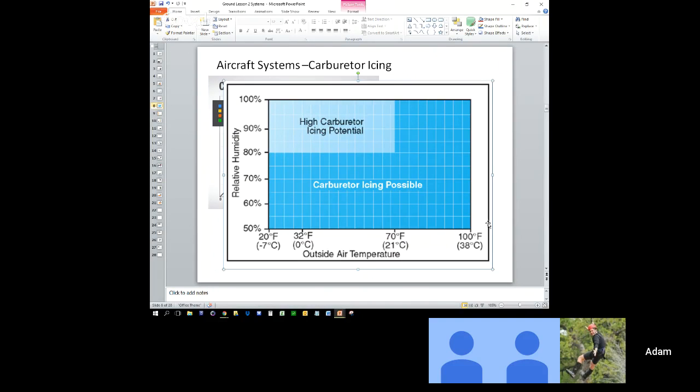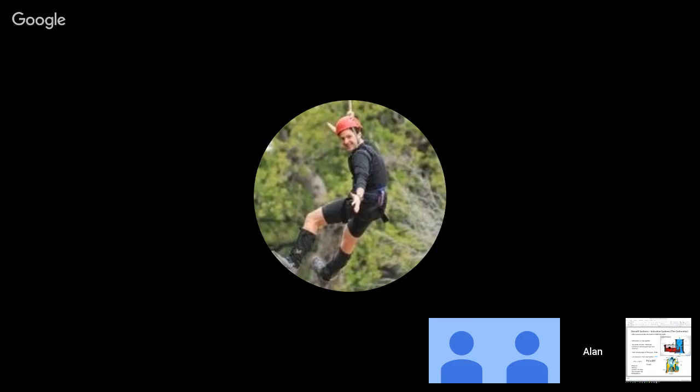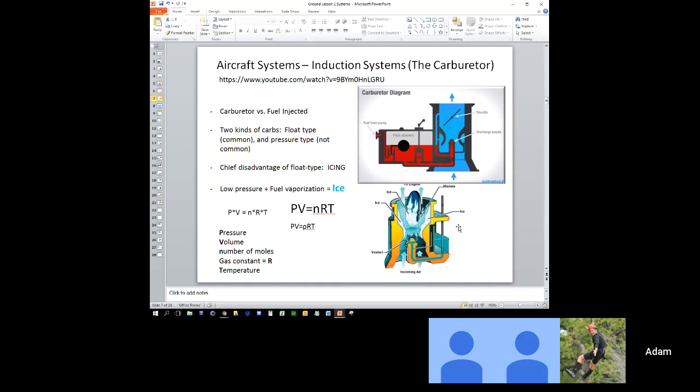When your carburetor ices up, your engine receives less fuel-air mixture, right? Go back to the picture here. As the throat closes, your engine starts to see less fuel-air mixture. And what is the result of that? As your carburetor ices up, your cylinders receive less fuel-air mixture.